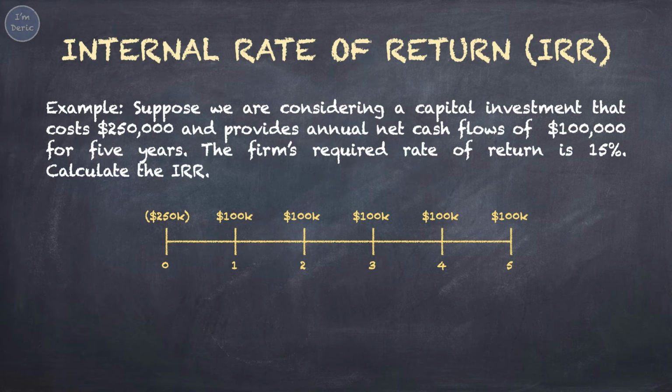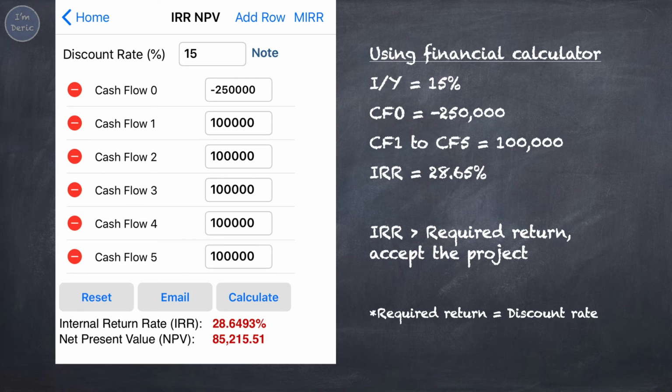Suppose we are considering a capital investment that costs $250,000 and provides annual net cash flows of $100,000 for 5 years. The firm's required rate of return is 15%. Calculate the IRR. Just as we calculate NPV, we're going to use a financial calculator to calculate the IRR.